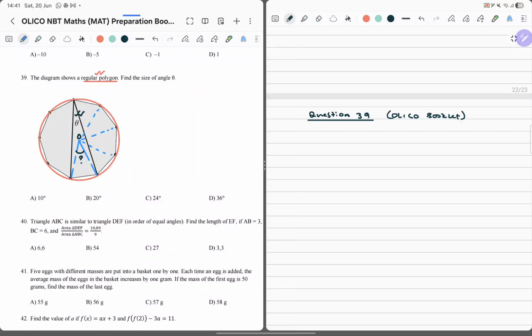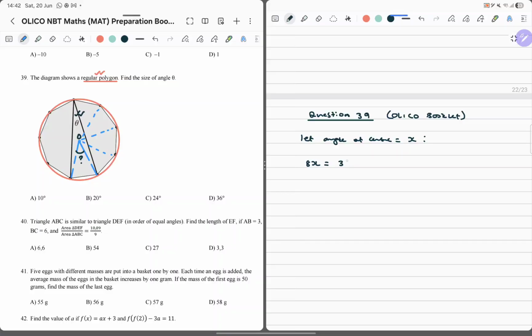All right, so let's find the angle at center. Let the angle at center be x, such that we know 8x, because if there's 8 sides to the polygon, there's going to be 8 angles subtended at the center.